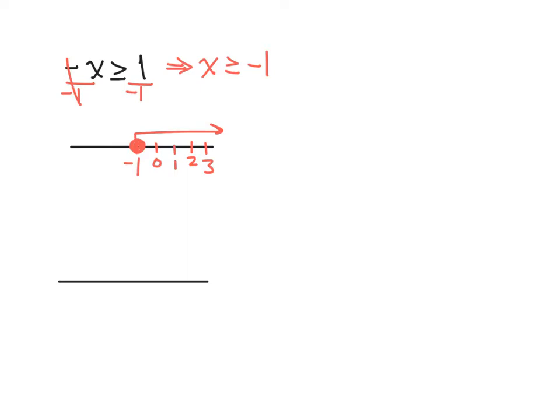Now, if that's true, any of those numbers would be a solution to our original inequality. So let's check it. Let's just pick any of those numbers. We can pick 0, 1, 2, or 3. I'm going to let x be 2.